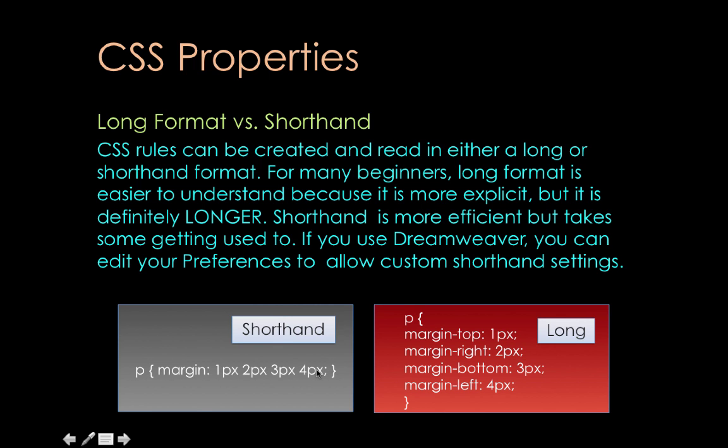Then the clock keeps moving to the left, to the 9 o'clock position, so the left margin is 4 pixels. That's an easy way to remember the order for your margin or padding shorthand. This is just an example, though. There are lots of other ways of writing shorthand.